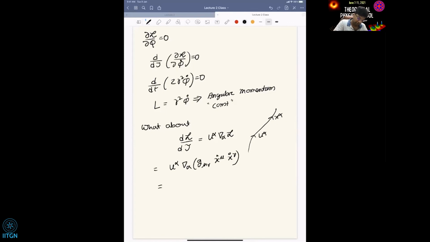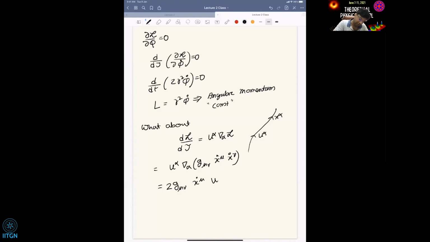This is nothing but g mu nu. Remember, when the covariant derivative acts on g mu nu, the answer is 0, because the connections are chosen to be metric compatible. So the covariant derivative does not act on the metric, and you are left with 2 g mu nu x mu dot u alpha del alpha u nu. The factor 2 comes because there are 2 x dots.